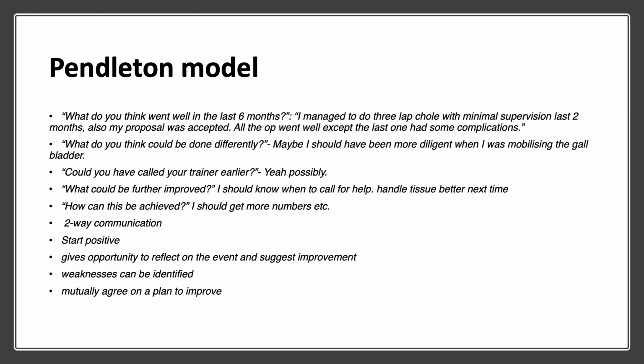Then you say, so how do you think this can be achieved? In some cases the candidate may not know what to say, but you can also suggest some help. In this case, maybe you can say, I think you should get more numbers, do more, and then you will improve. This will come with numbers.